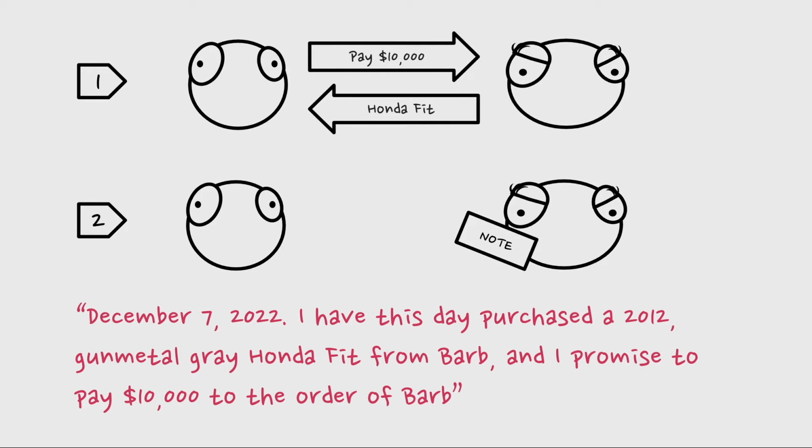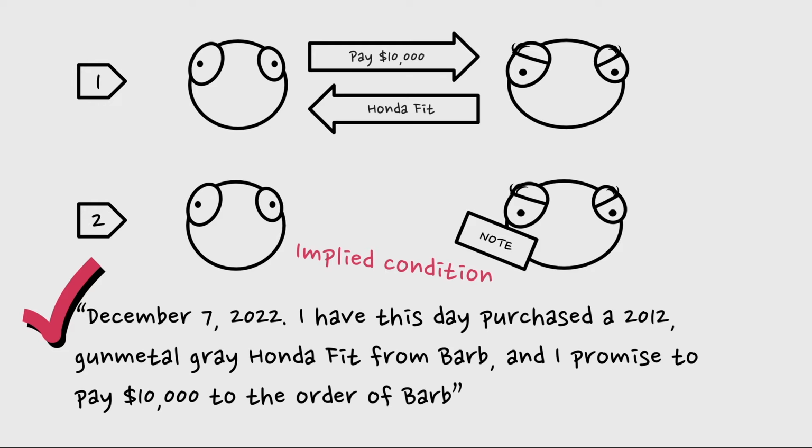Well, the answer is no, it's still an unconditional promise to pay. The recognition that there's an underlying transaction doesn't turn it into a conditional promise, right? Any condition there would be implied or implicit. And so that doesn't defeat negotiability. It's still negotiable.